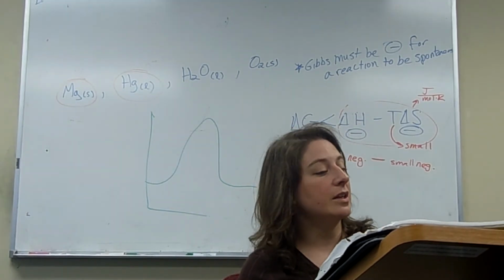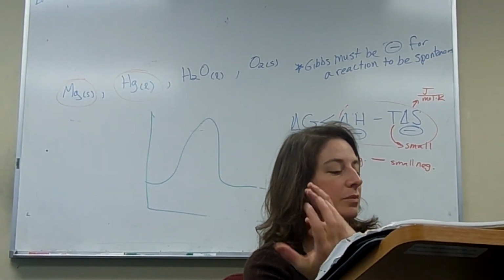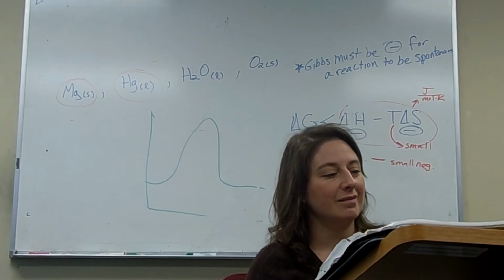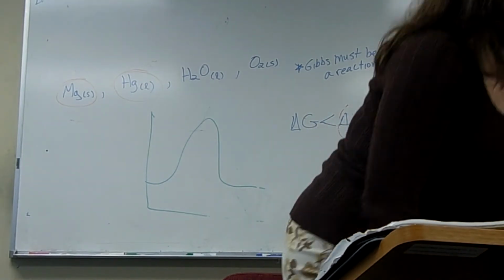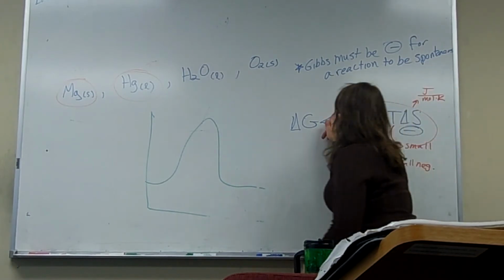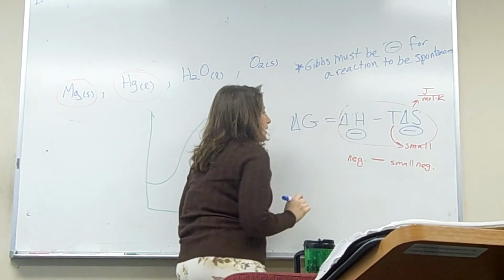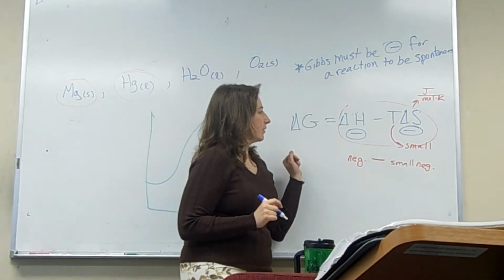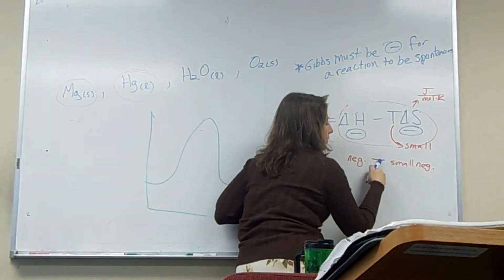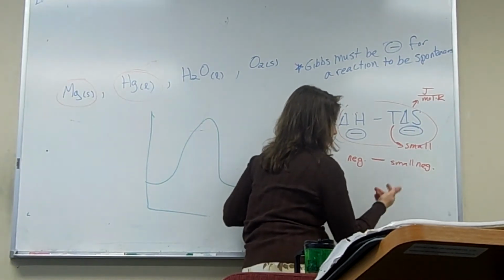I decrease it, so I don't end up making that delta S times T term too big. I don't even know if I would want to make that an inequality. That might be why it's confusing. Even if I say this is equal, I want to end up with something negative, so I don't want to subtract a big negative there.